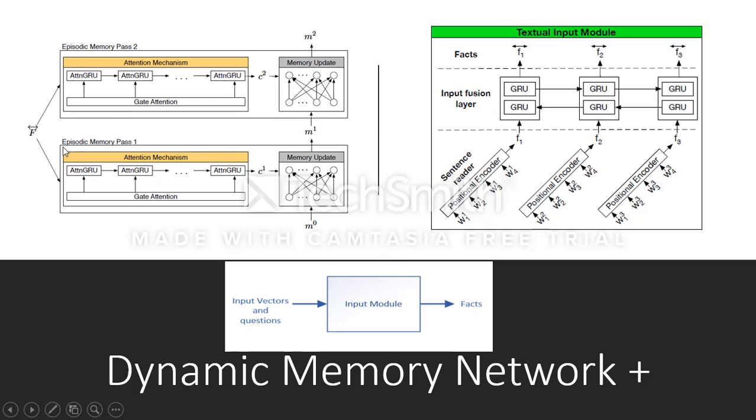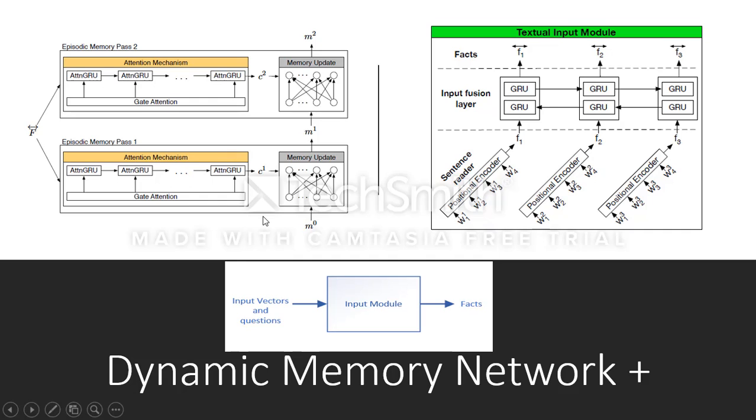So we have something called the episodic memory pass. In this we have gate attention, which is connected to all these facts, and we have the attention GRU, which works on the attention mechanism and selects the important facts.